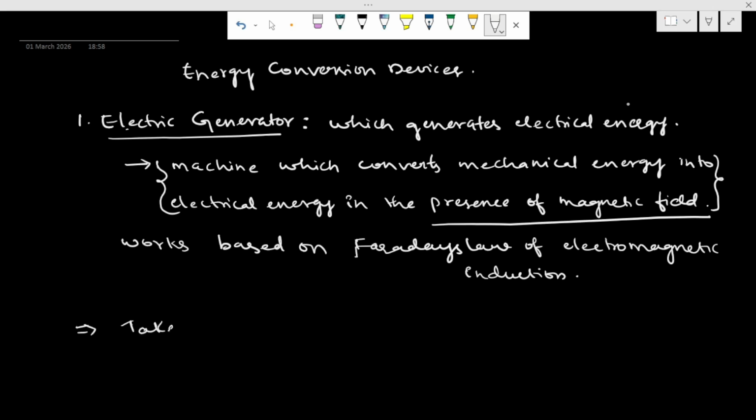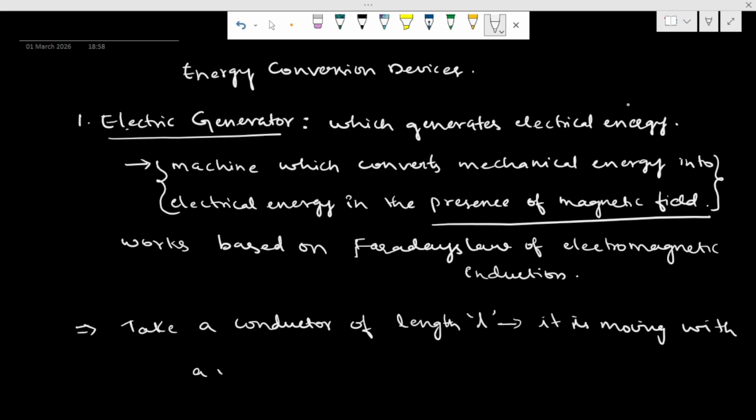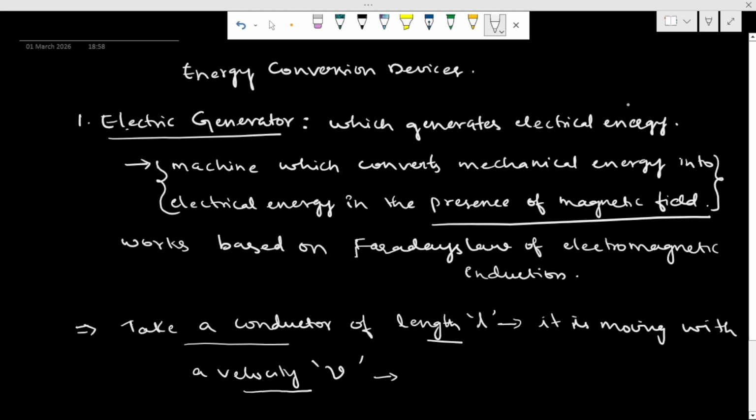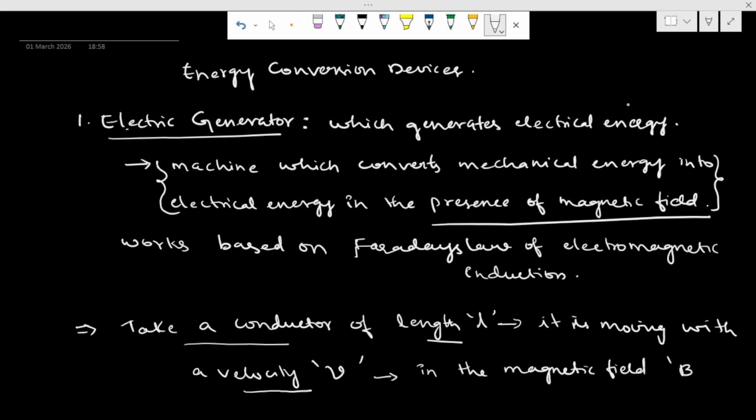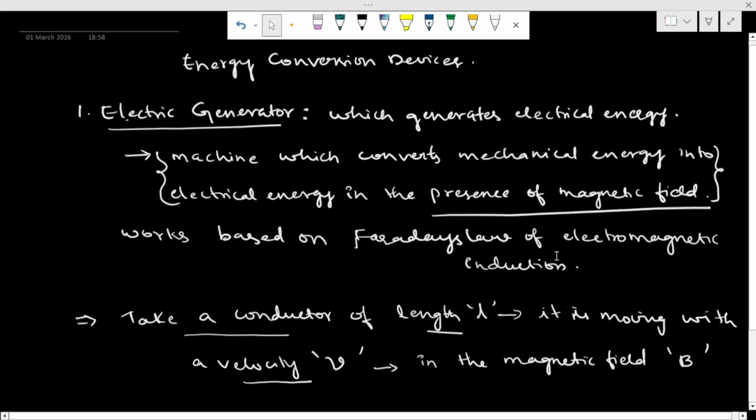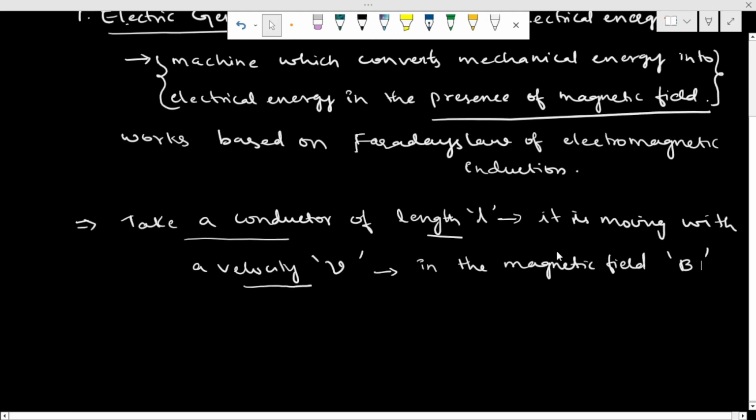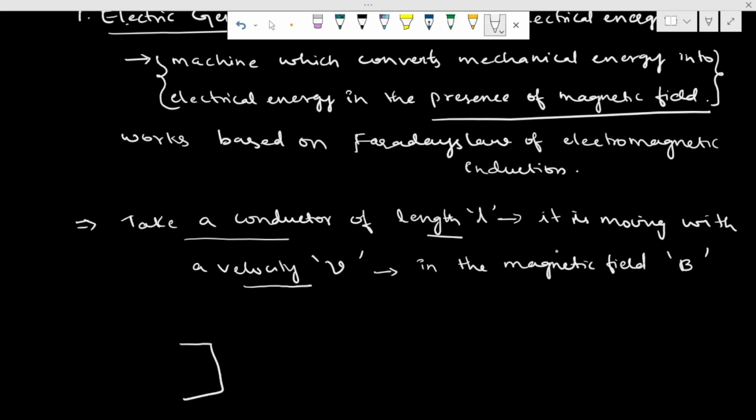Take a conductor of length L, make it move with a velocity v, and place the conductor in the magnetic field with a flux density of B. Let us see this: north pole, south pole.